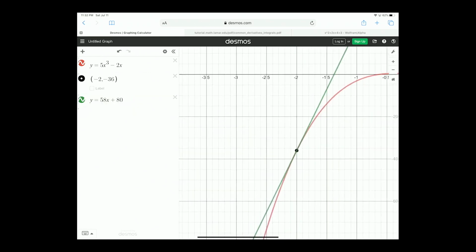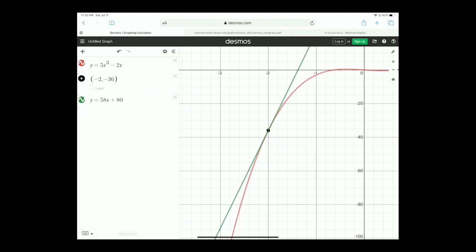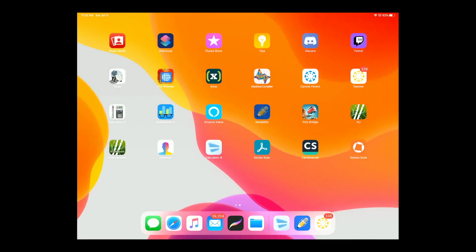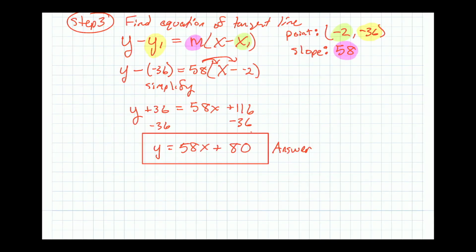You come here and you can see that the line goes through the point, right? (-2, -36) is right here. It goes through that point, and the original curve, which is the red curve there, and the tangent line, which is the green curve there, match perfectly, right? They have the same slope and they go through the same point. That's what a tangent line does. And we did it. So we can be sure that we're right at this point.